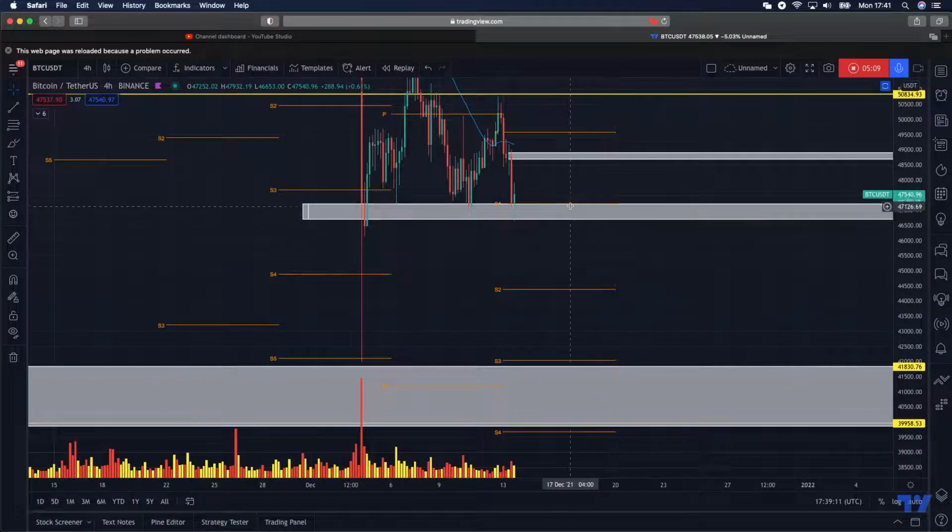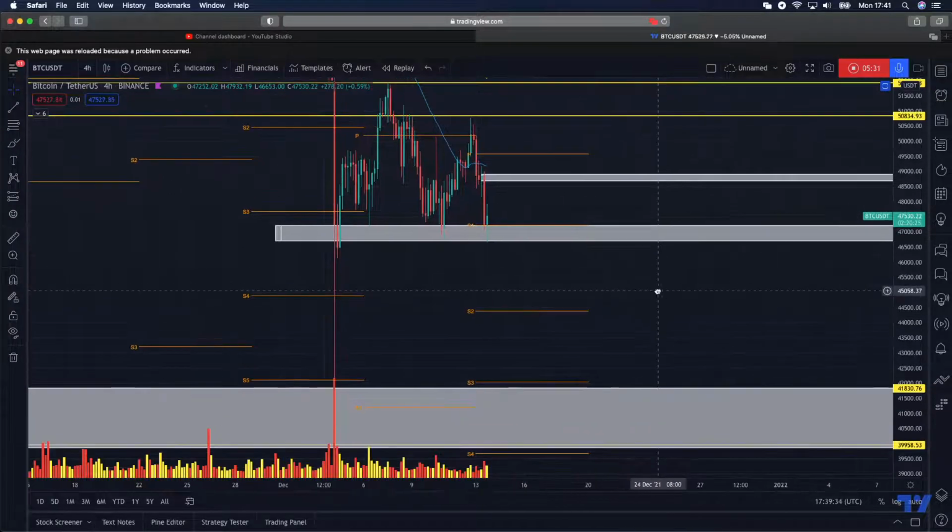It doesn't look like a very strong test of this support zone here, so we're probably likely to see maybe a low volume move up here, and then sell side strengthening to move down, or even just a straight move down after this candle closes.